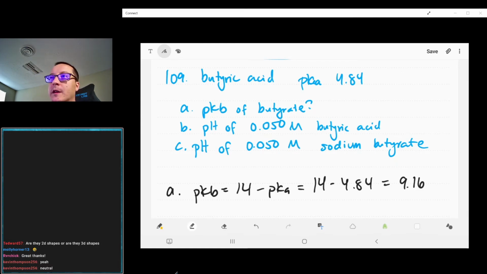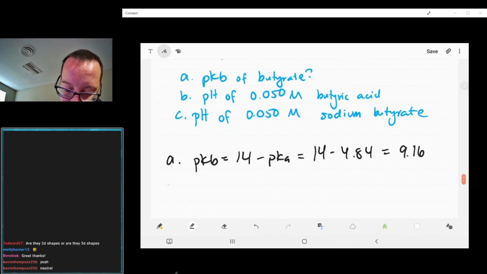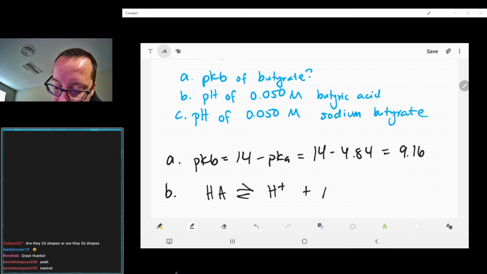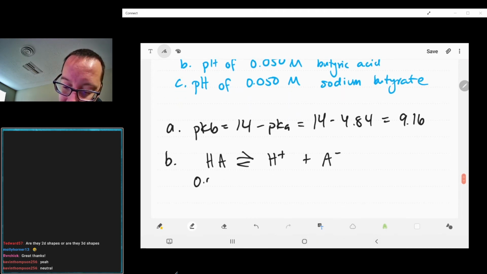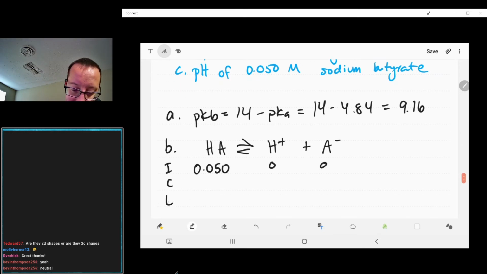Alrighty. So the next one is a little bit more complicated. We're going to have to do an ice table here. We're given 0.05 molar, starting with 0 for these guys, of course minus x, plus x.